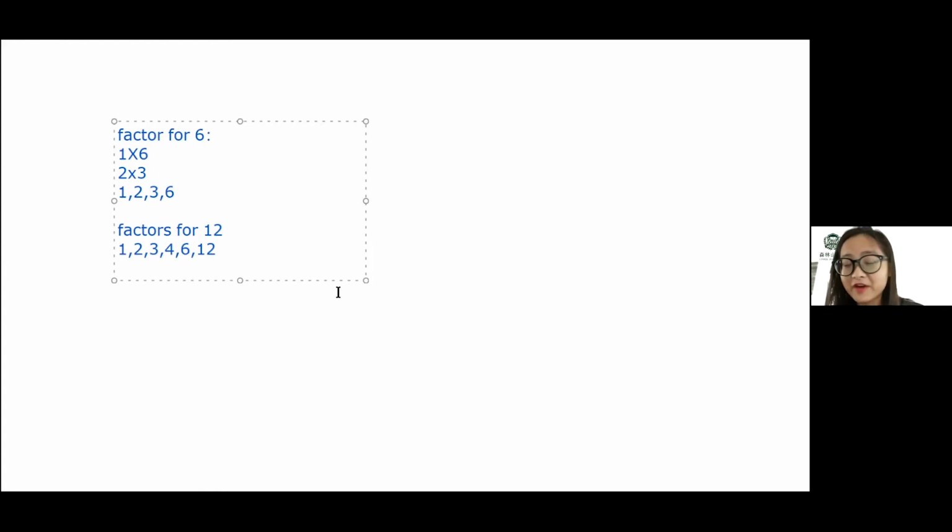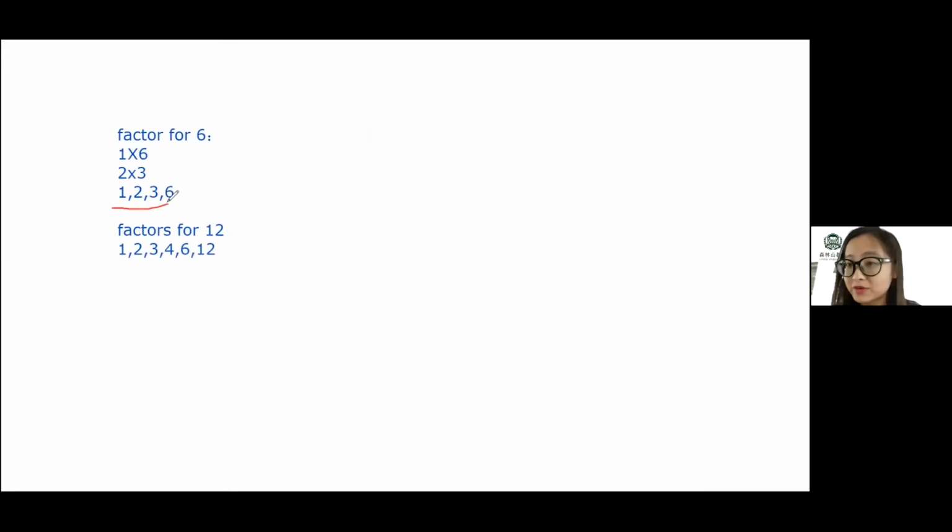For example, the factors of 6 are 1, 2, 3, 6, and the factors of 12 are 1, 2, 3, 4, 6, 12. There are some numbers in common, 1, 2, 3, 6. So 1, 2, 3, 6 are the common factors.